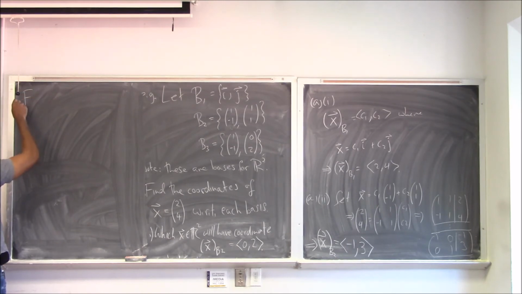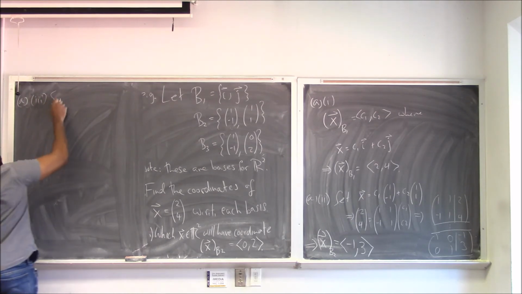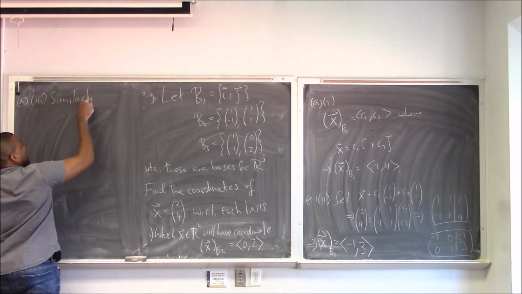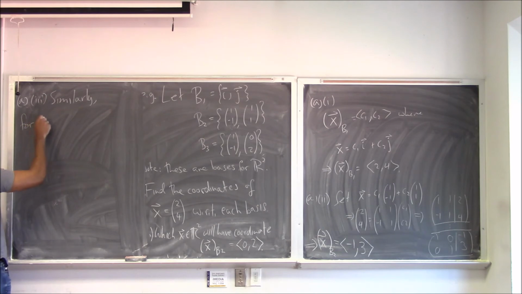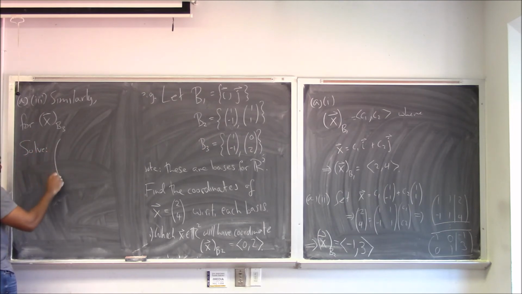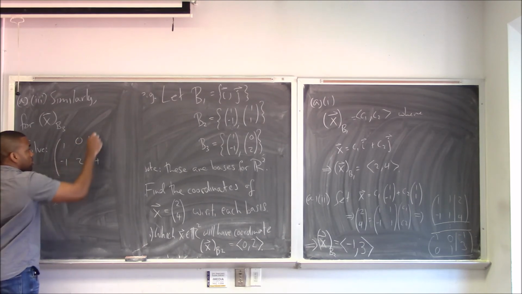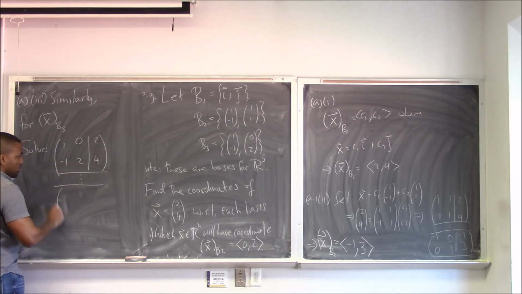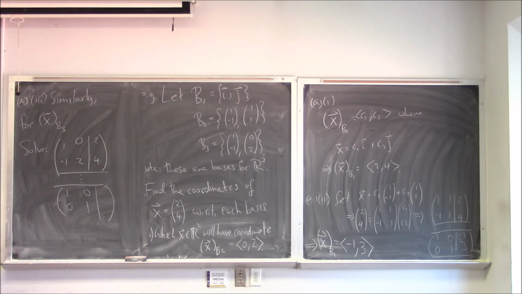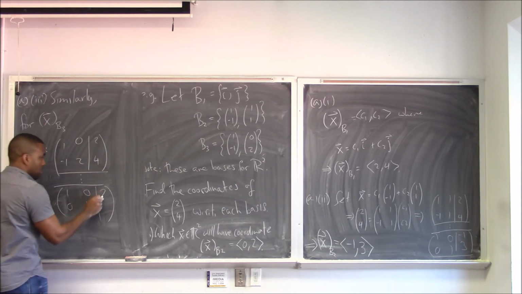Similarly, for part A3, x with respect to the third basis, we need to solve the system with columns (1, -1) and (0, 2) equal to (2, 4). Find the reduced echelon form of that. I know the left side has to be the identity because it's linearly independent, so it would have the unique solution, and that actually became (2, 3).